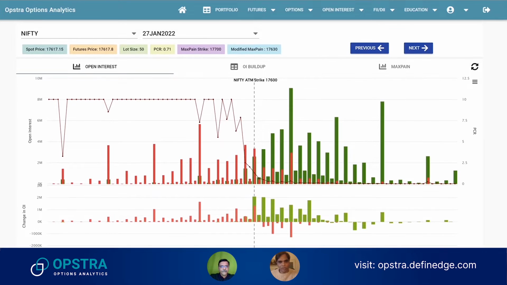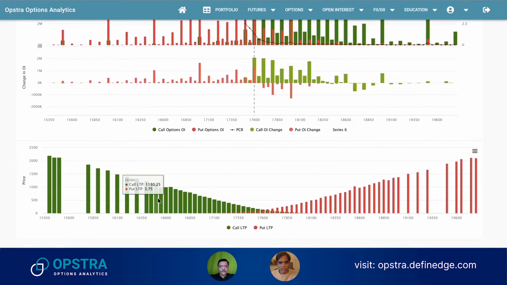So now this is the open interest here. It's pretty straightforward. Here we are showing the OI chart of different strikes of both calls and put options, put options in red, call options in green. Here it's price, the last trading prices of put options and call options of different strikes.